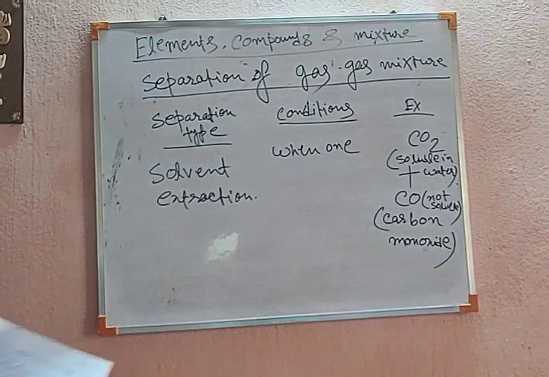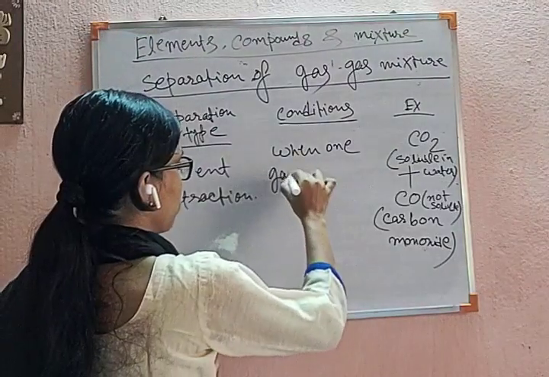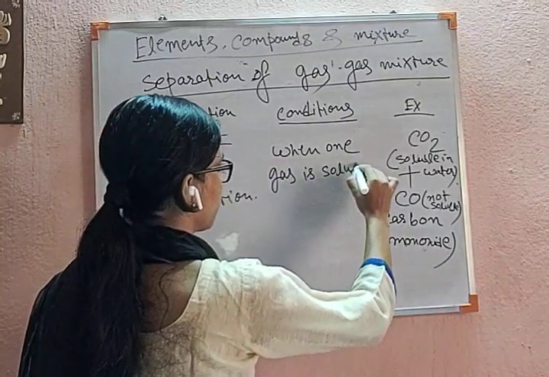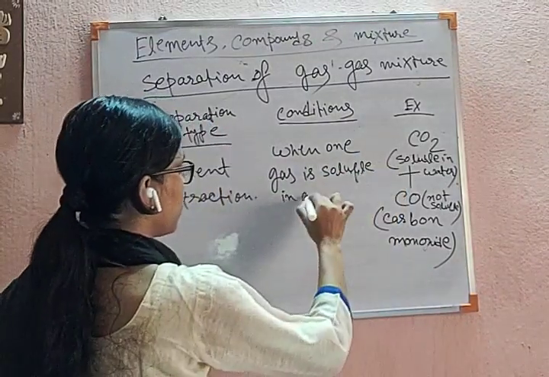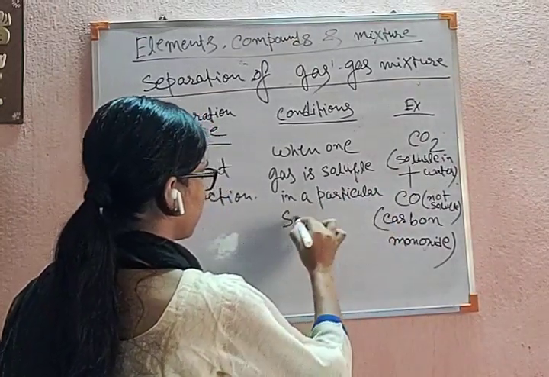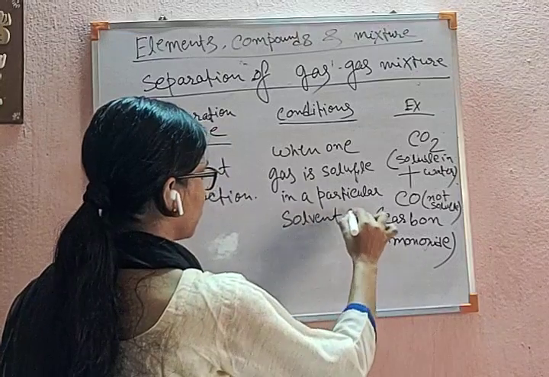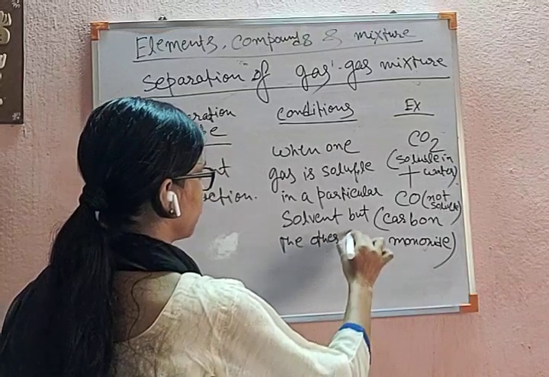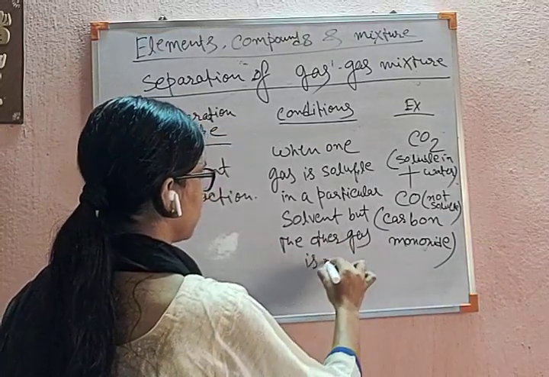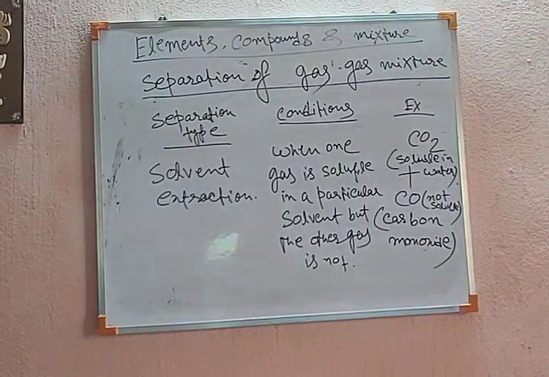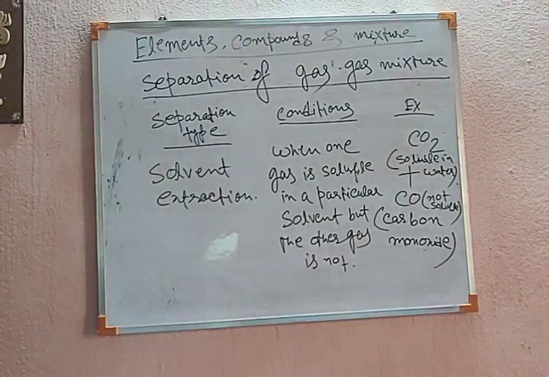One gas is soluble in a particular solvent, but the other gas is not. Like carbon dioxide is soluble in a solvent like water, but the other gas, carbon monoxide, is not soluble.